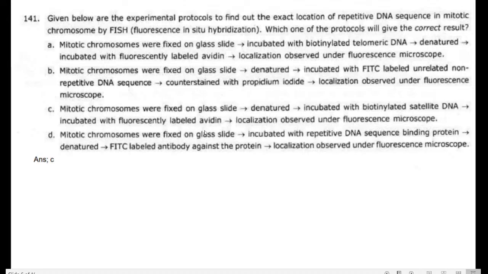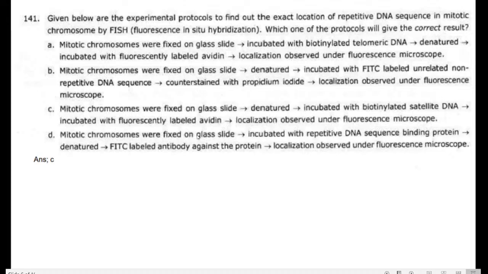The avidin is specific for biotin. If binding happens between the mitotic chromosome and the biotinylated satellite DNA, the avidin will bind at that particular portion. After this biotinylated DNA addition, they also do washing. After the washing, the unlinked material is removed from the sample.